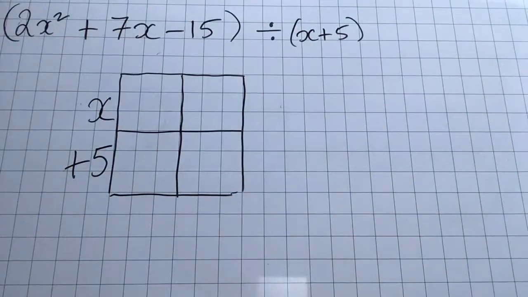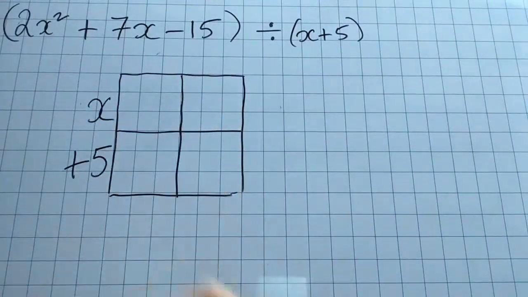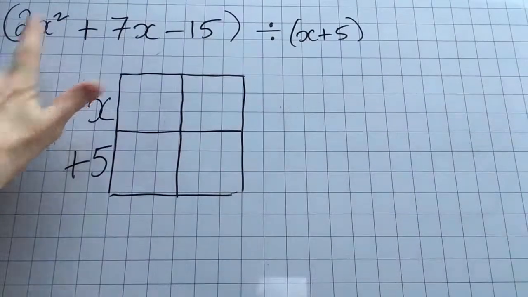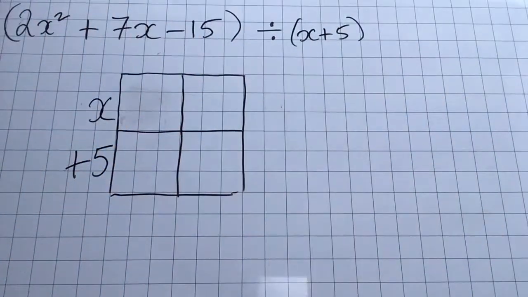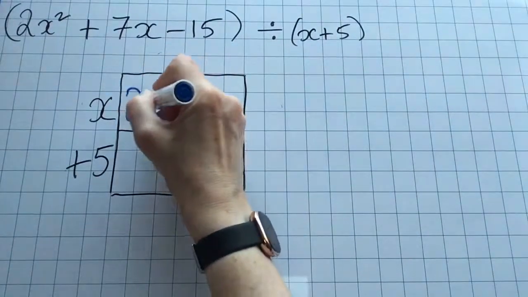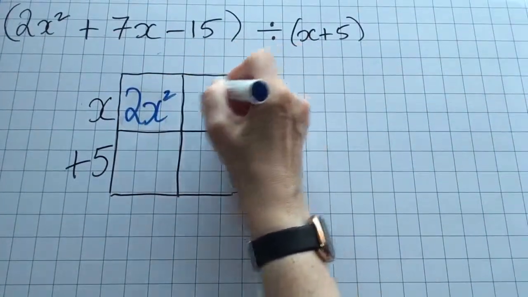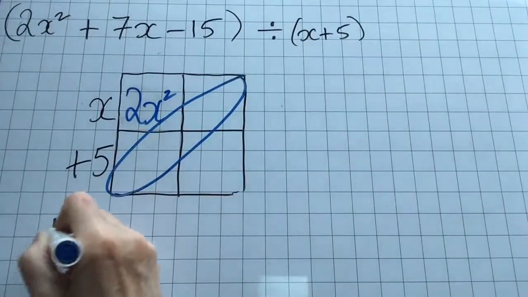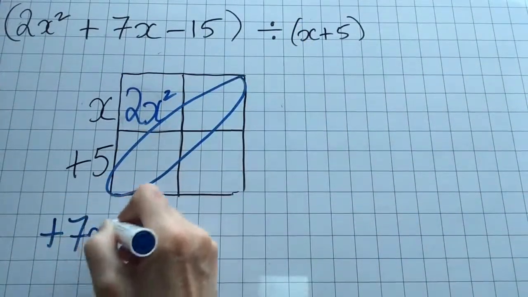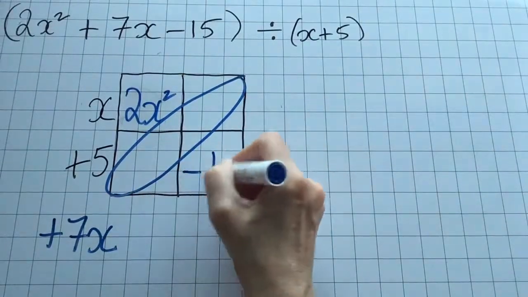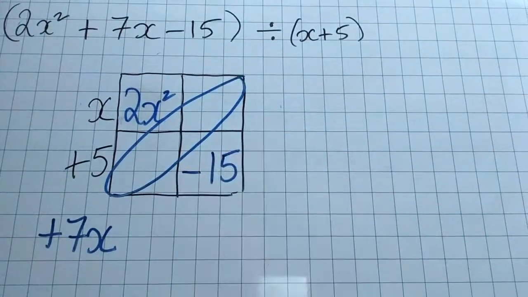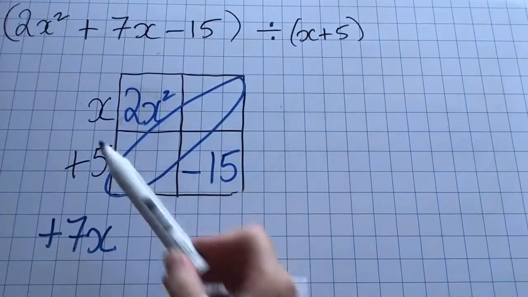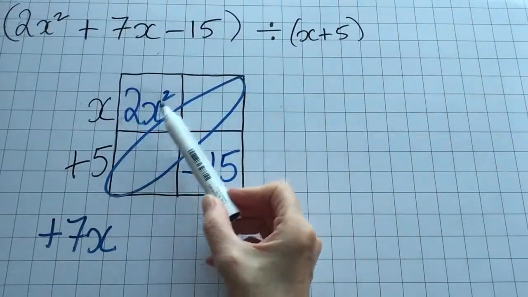And now again the question is, what do I multiply x plus 5 by in order to get this answer? So I put down my answer, 2x squared. I know that when I add up along the diagonal, those like terms will give me plus 7x. And my minus 15 goes in here. Now I'm saying what multiplied by x gives me 2x squared.